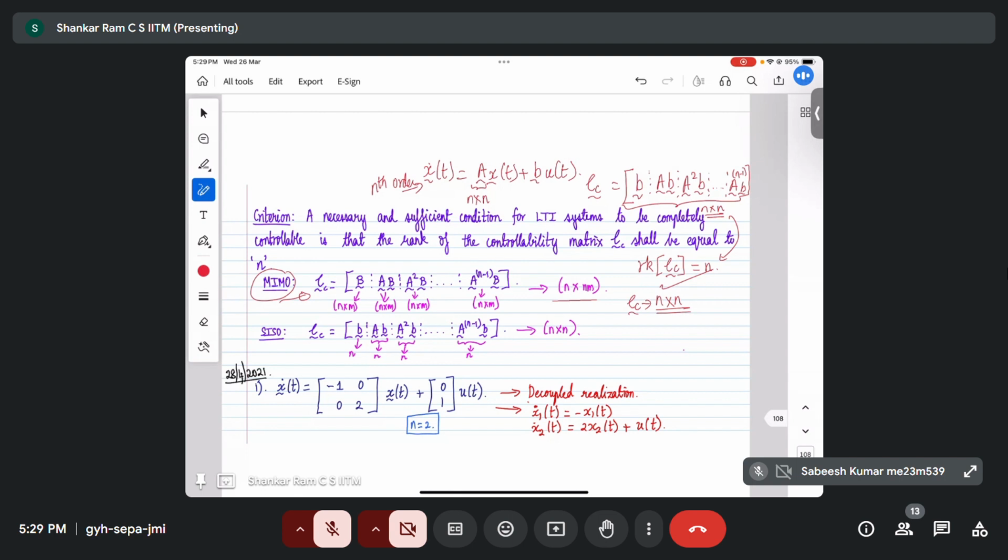See, it is like this. When we studied stability in the transfer function representation, we learned that for BIBO stability, the criteria was to have all poles in the left half of the complex plane. That is a criteria.